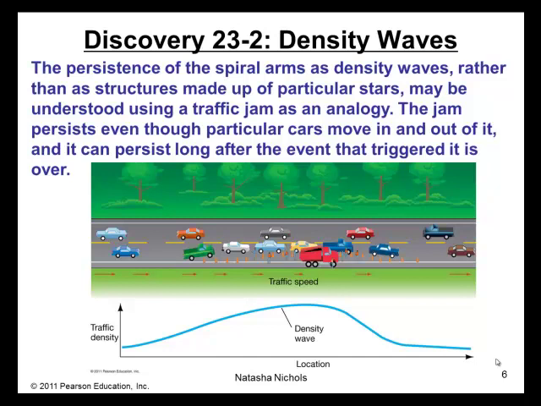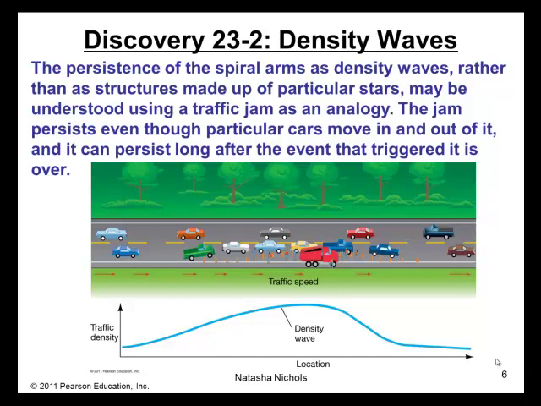The traffic jam is analogous to the region of high stellar density in a galactic spiral arm. Just as the traffic density wave is not tied to any particular group of cars, the spiral arms are not attached to any particular piece of disk material. Stars and gas enter a spiral arm, slow down for a while, then continue on their orbits around the galactic center.